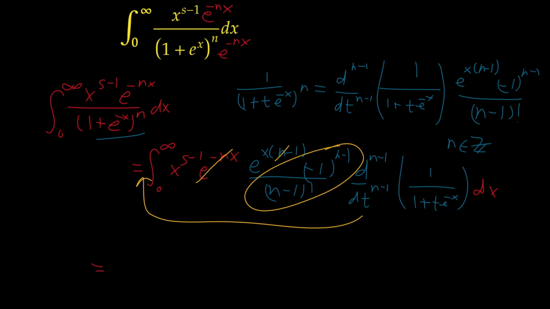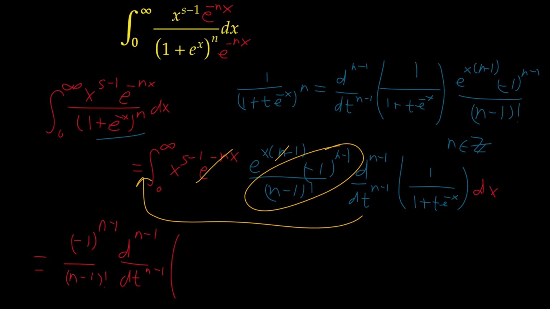So we have d^(n minus 1) over dt^(n minus 1) of, actually I'll put the constant outside the derivative just to make it look nicer, negative 1 to the n minus 1 over n minus 1 factorial. Those are all our factors there.